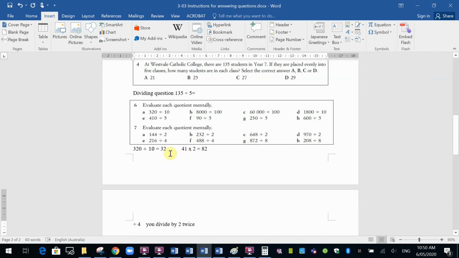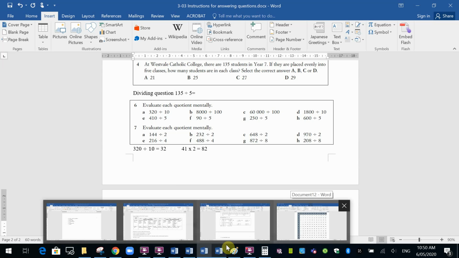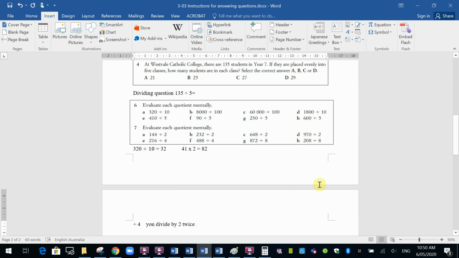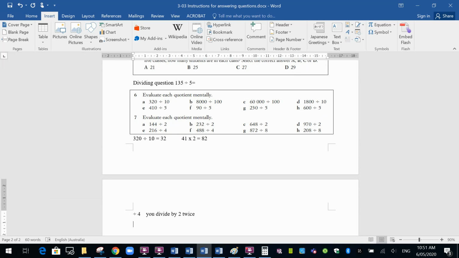So when you divide by 4, you can divide by 2 twice. And then dividing by 8, you divide by 2 3 times.